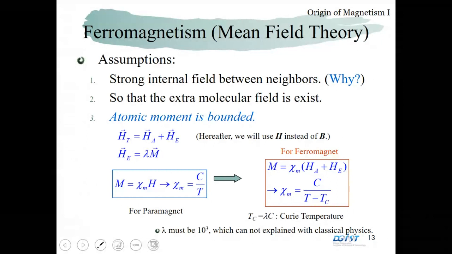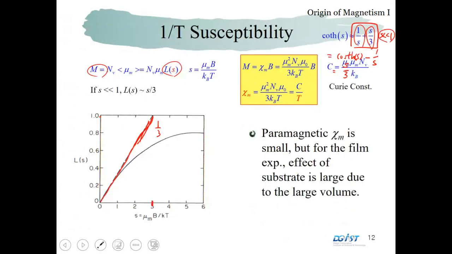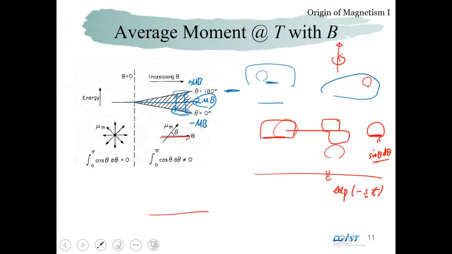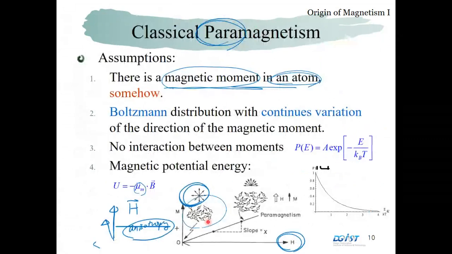Let's move on to the ferromagnetic materials. So far, we have been talking about this paramagnetism behavior, these motions. In this cartoon, we have a random orientation of the magnetic moments without an external field.